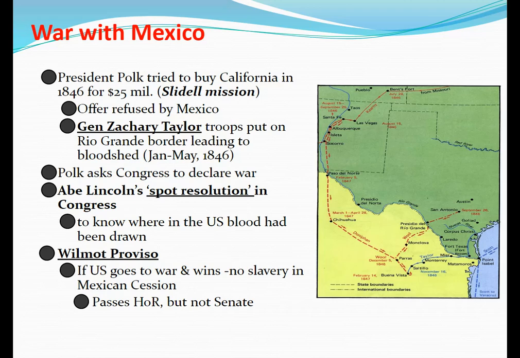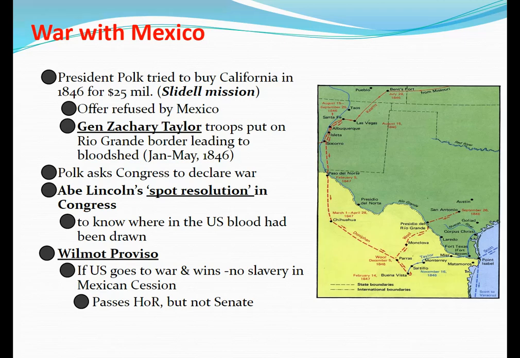A young Abraham Lincoln is going to make note of what he calls a spot resolution, that he would be willing to agree to declare war on behalf of his state, Illinois. He just needs to know the spot where blood was shed. He never gets an answer to that, and he votes negatively about going to war. And as a result, in the next election, will actually lose his House of Representatives seat.